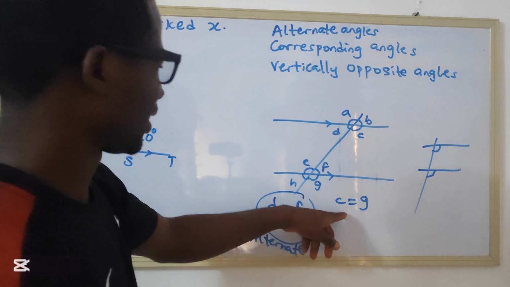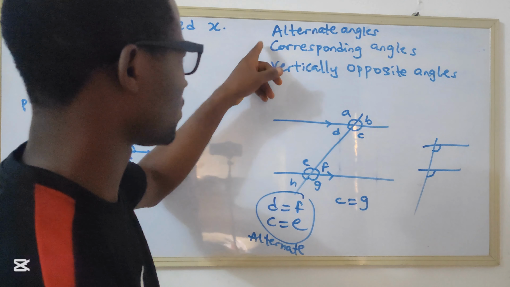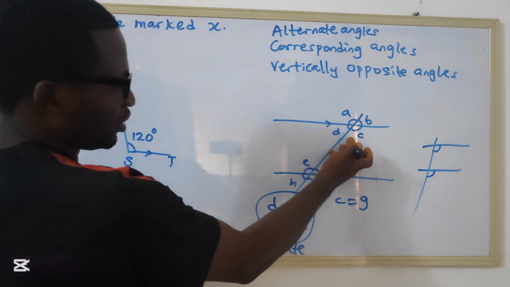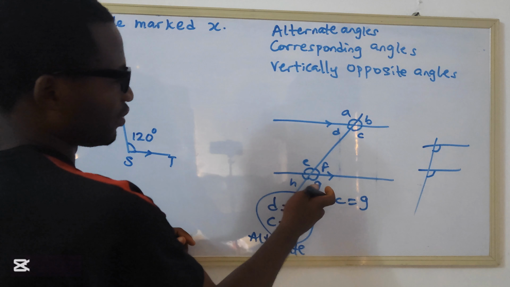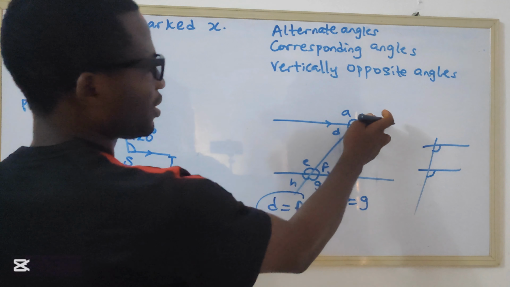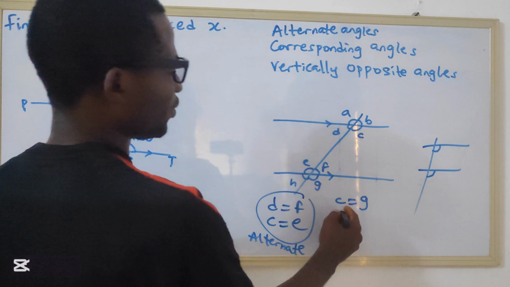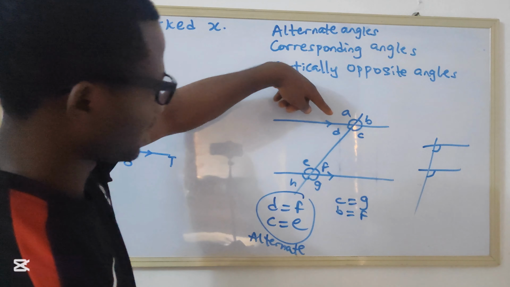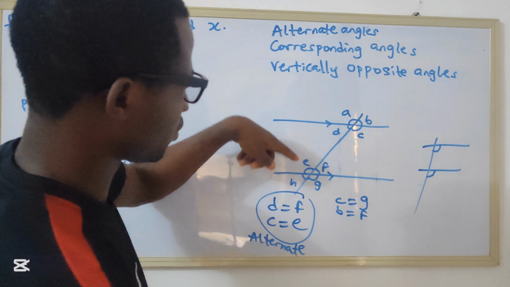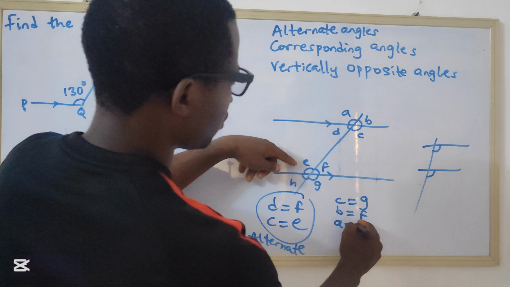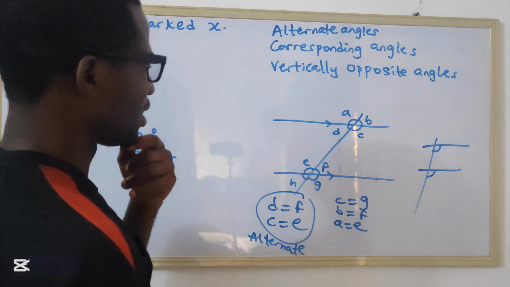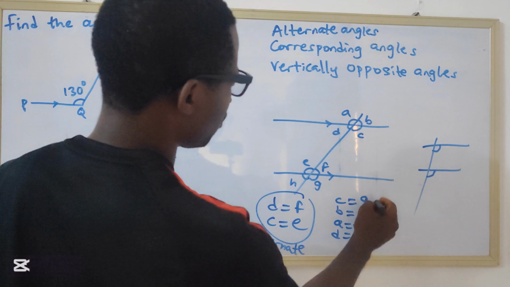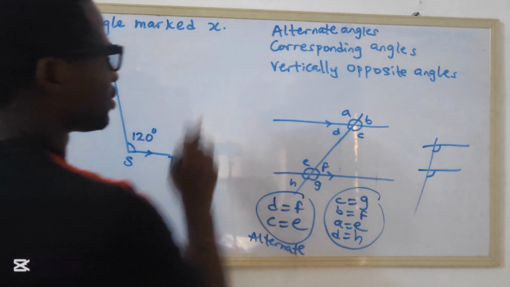So they are corresponding angles. Also, observe that C is below the first line, G is below the second line. I can also say B is equal to F. Then on this side, it also still holds that A is equal to E, and D is equal to H. So all of these are corresponding angles.